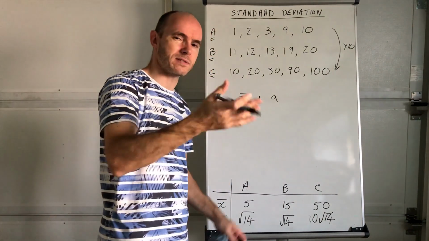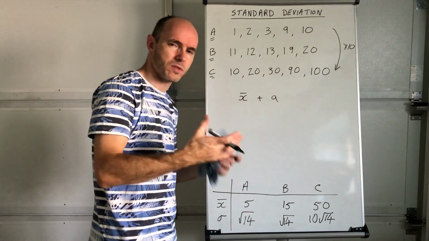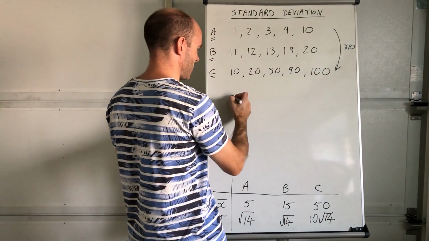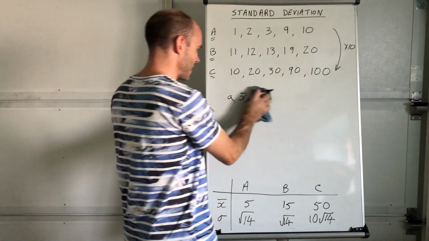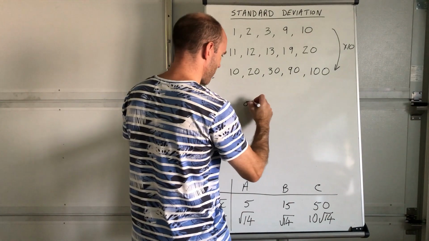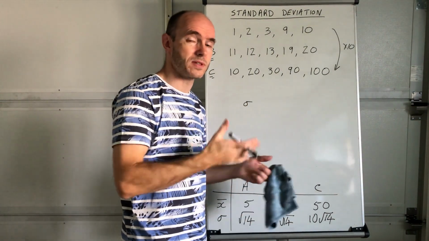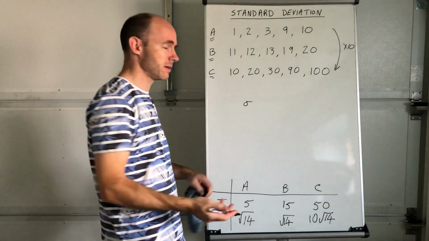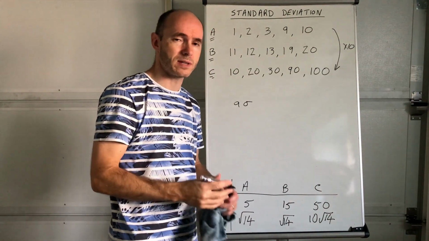If we multiply all the values by A, then the mean is going to be A times x bar. The standard deviation, however, if you add on a constant value to each number of the data set, is not going to change at all. But if you multiply each value by the same value, then yes, that will change.